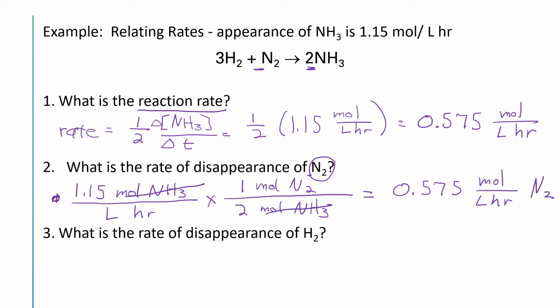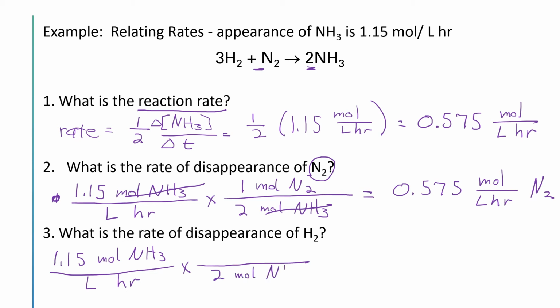One more example here. Let's relate this to hydrogen. So if we start with the 1.15 moles of ammonia per liter per hour, and then go with 2 moles of ammonia, that's the coefficient from the balanced equation, and ammonia is down in the bottom to cancel out what we were given. But now we're looking for hydrogen.